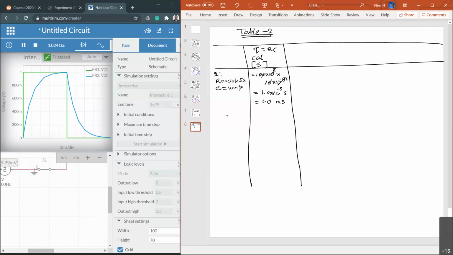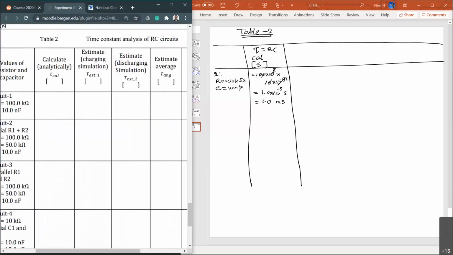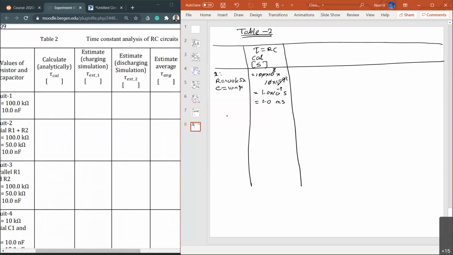No question? Okay, then let's continue. Now, all we need to do is measure the time constant using the charging and discharging curves, right? So I need to estimate the time constant tau 1 using the charging curve, unit of second. Then I have to do the same estimation using the discharging curve.